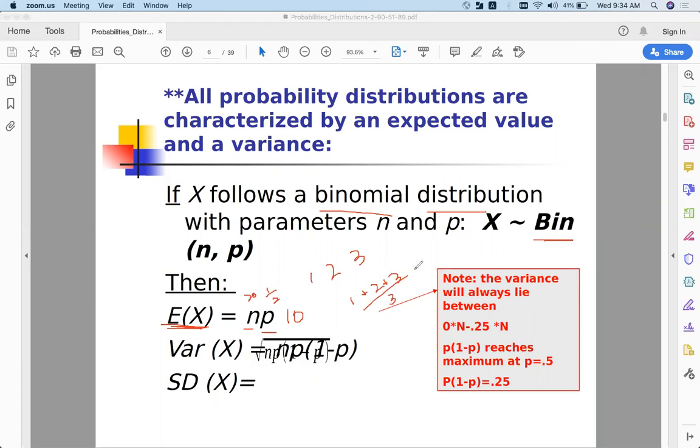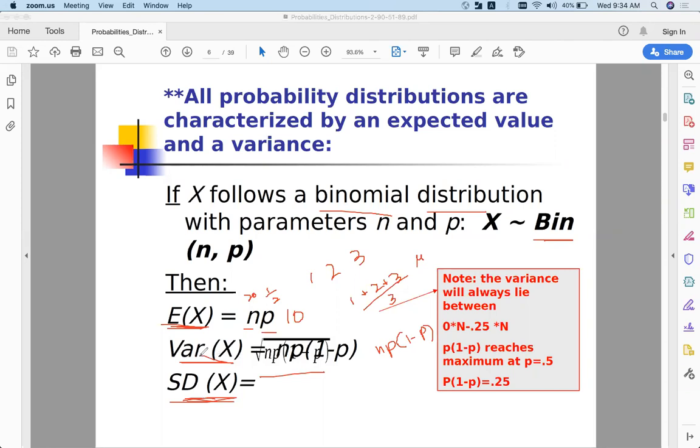Now similarly, if I ask you what is the mean and I ask you the variance, you guys can figure out the variance. At the same time, you can also figure out the standard deviation. So the variance is basically n times p times 1 minus p, and the square root of variance is called your standard deviation. As I mentioned in the first class, these three words will keep on coming again and again.